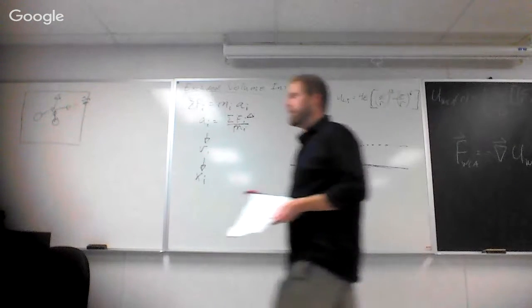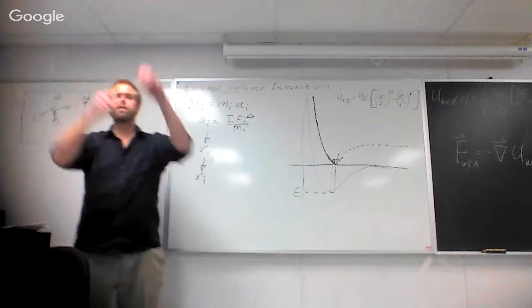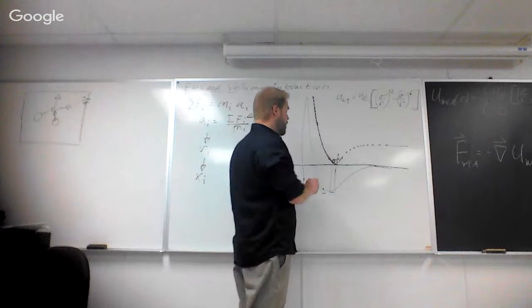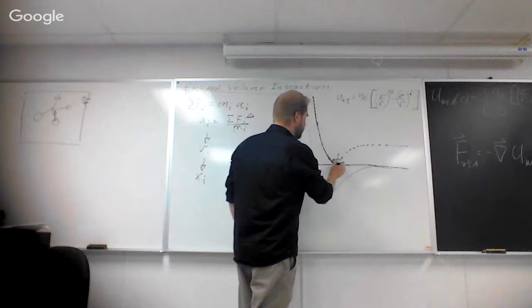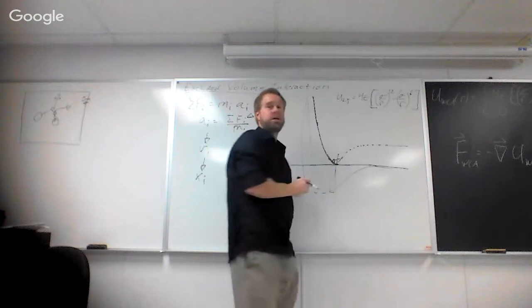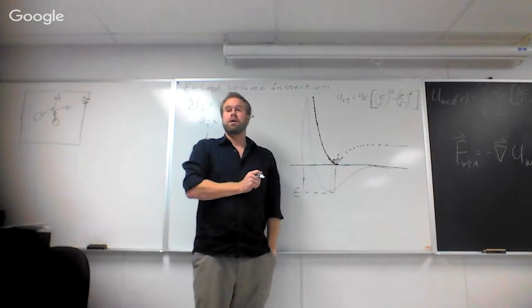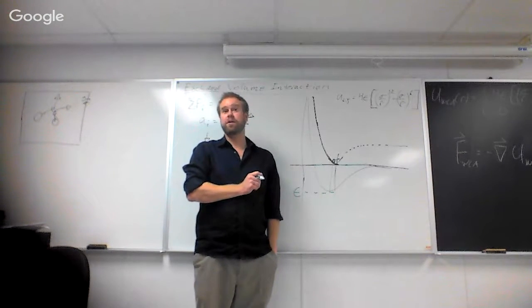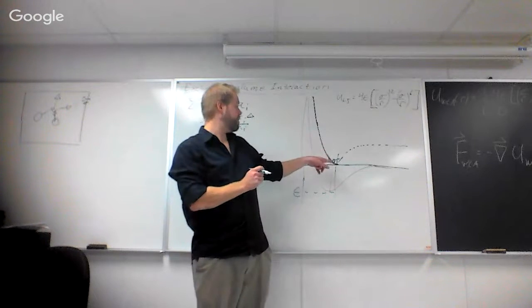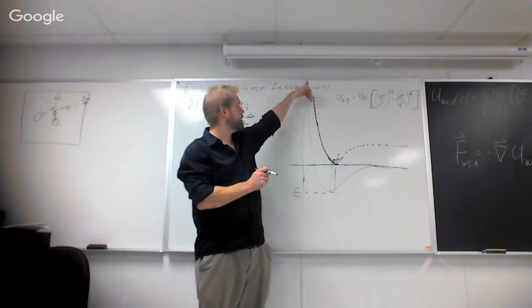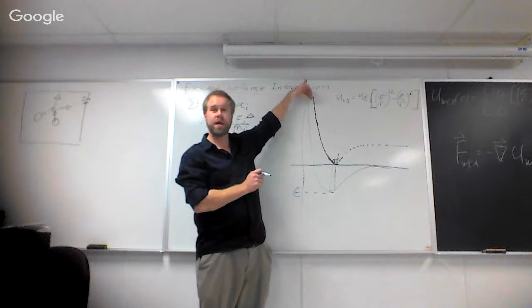The force being the gradient of the potential, why is it important that we cut off the force here at the bottom? What's the gradient at a minimum? 0. So what's going to happen in the potential is the force is negative the gradient.